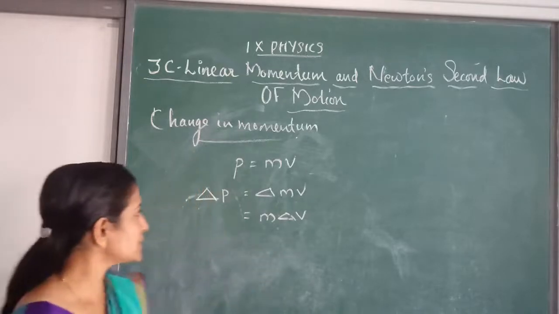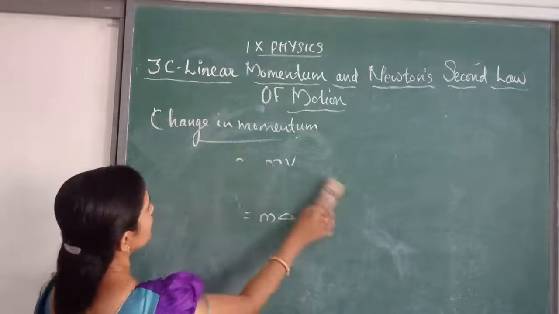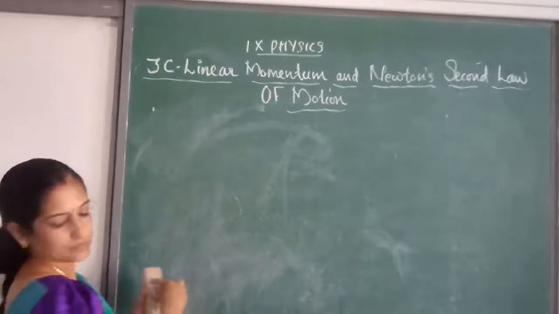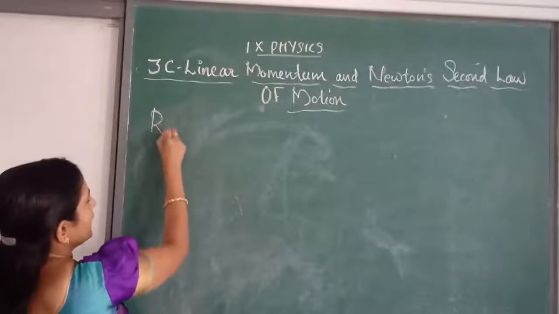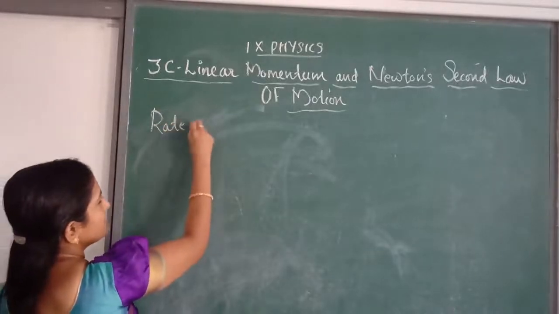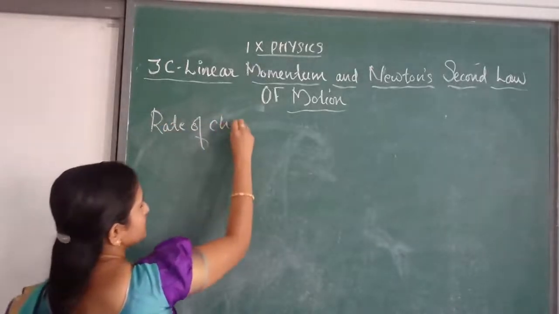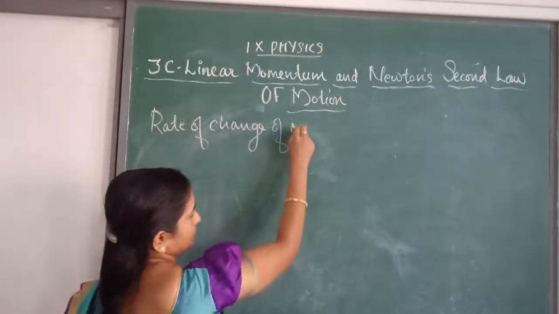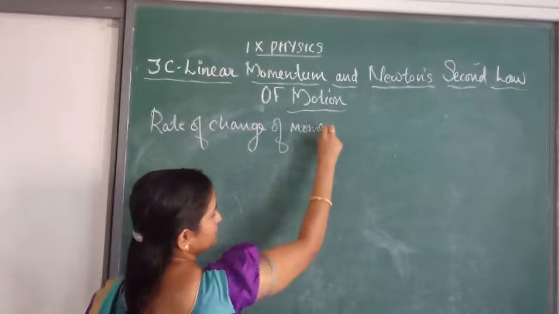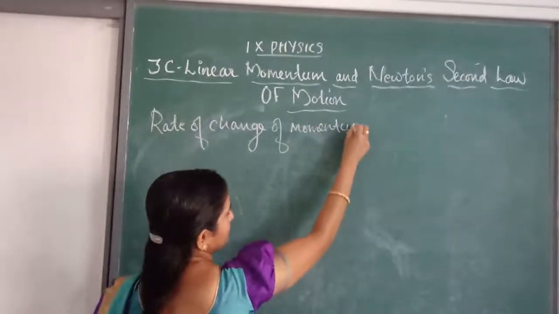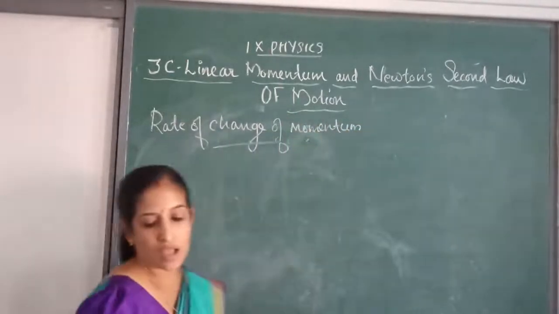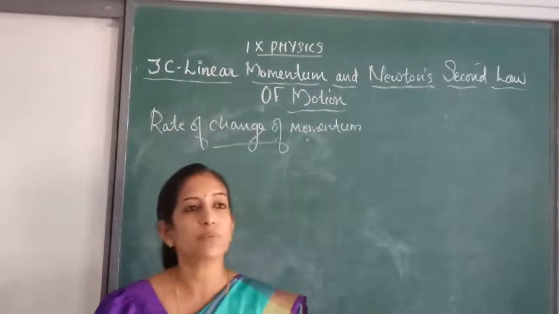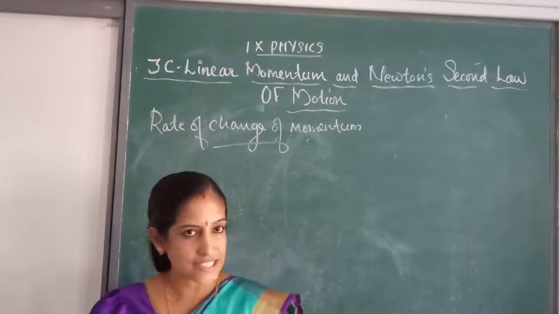Now the next topic is rate of change of momentum, that is, rate of change of momentum with respect to time. So when a force is applied on a moving body, its velocity changes.